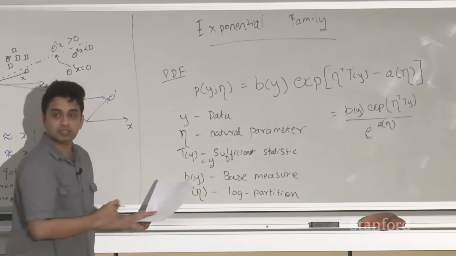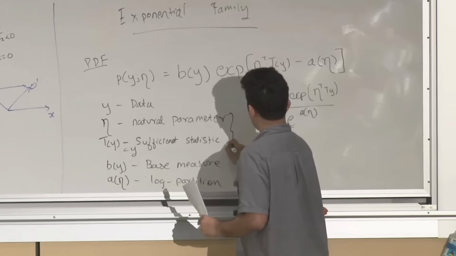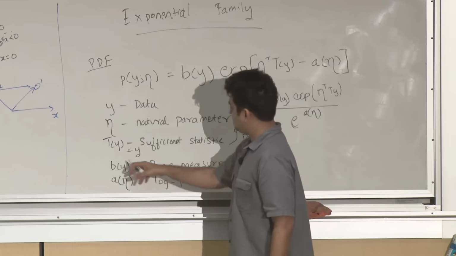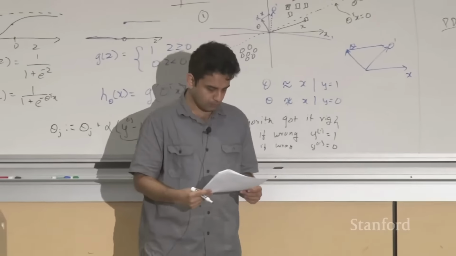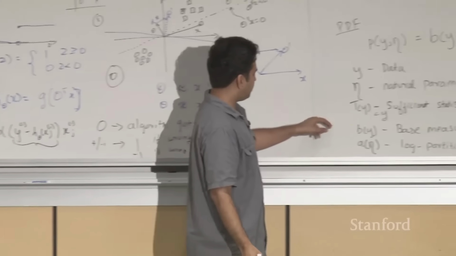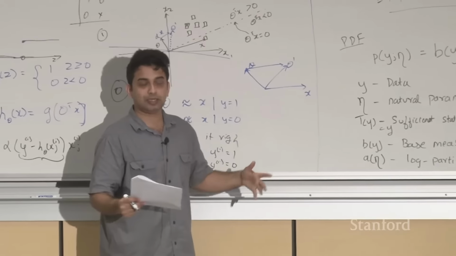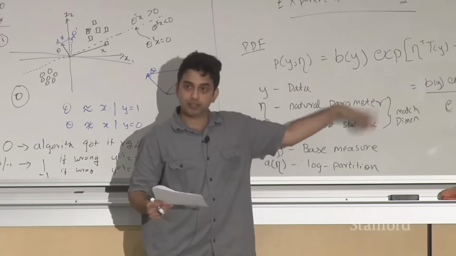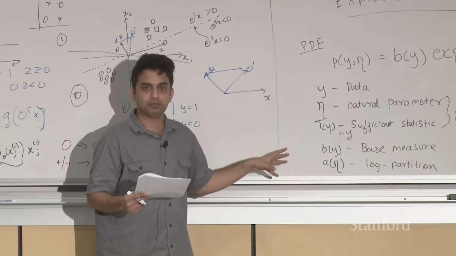T of y has to match, so the dimension of these two has to match. And these are scalars. For any choice of A, B, and T, that can be your choice completely, as long as the expression integrates to 1, you have a family in the exponential family.